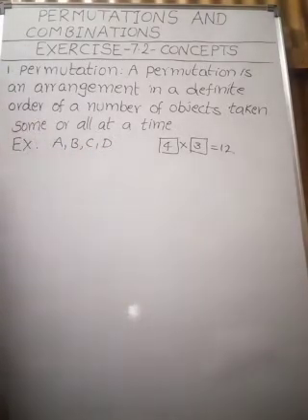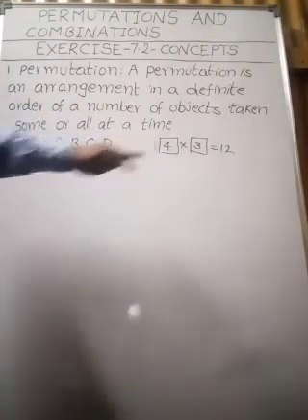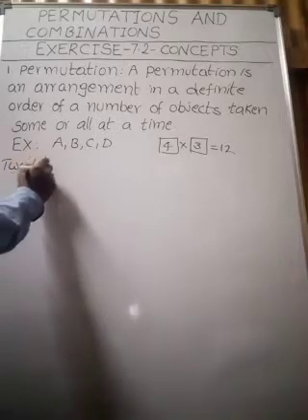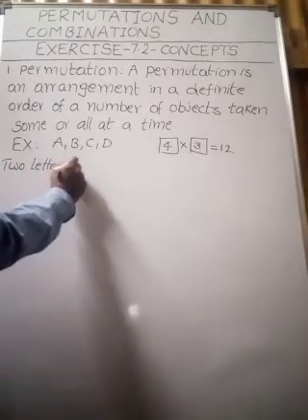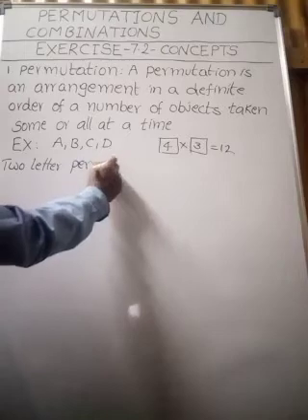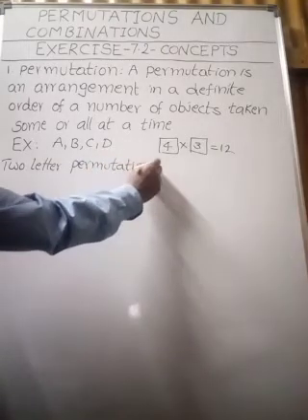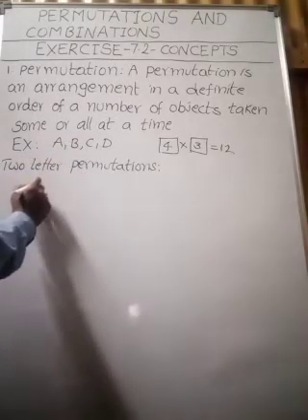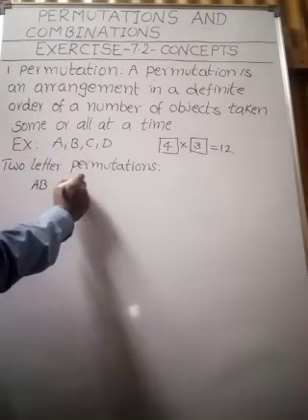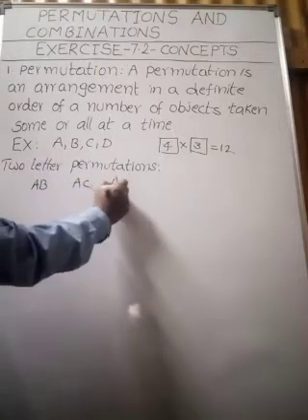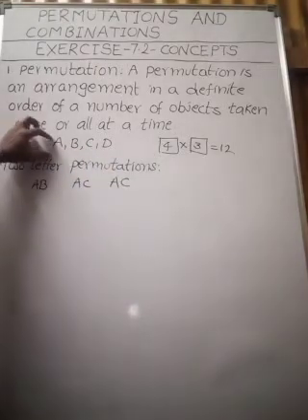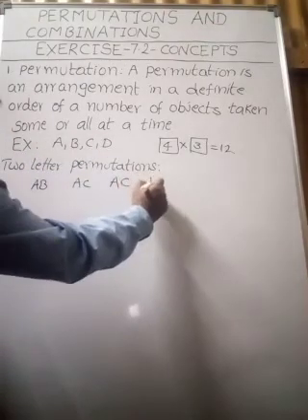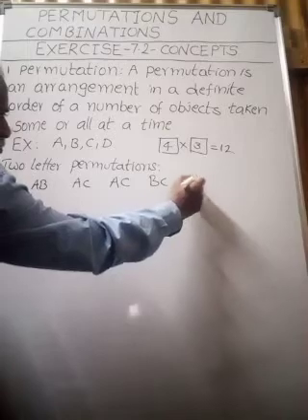Suppose I will write what the 12 arrangements are. Two letter permutations, two letter arrangements: AB, AC, AD. Okay, my children, out of these four letters I have chosen only two letters. Next BC, BD.